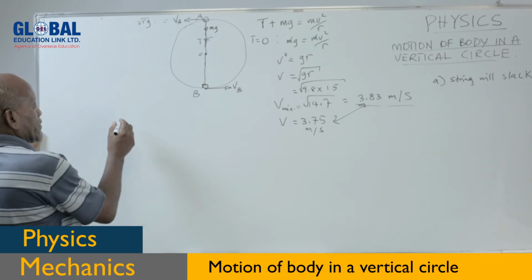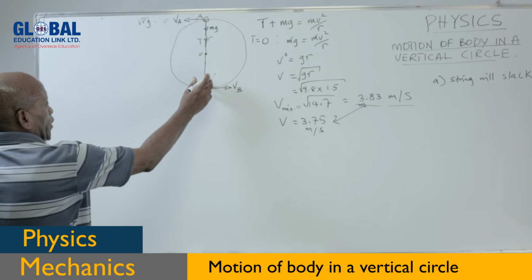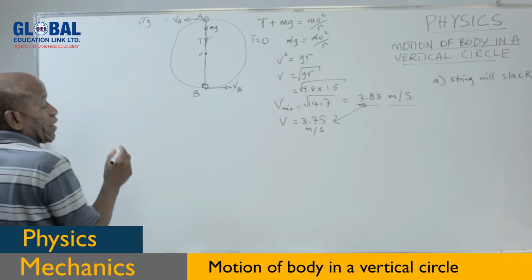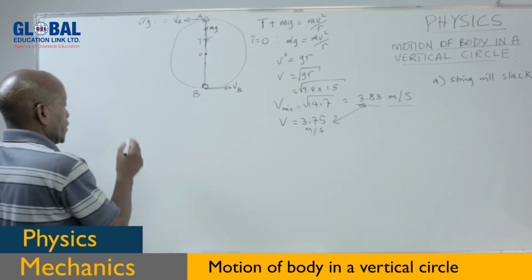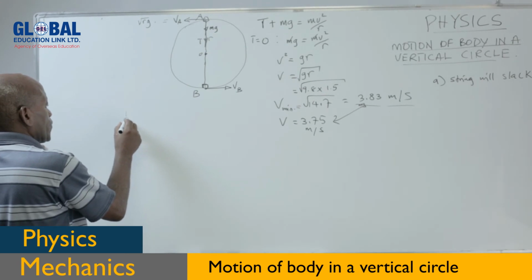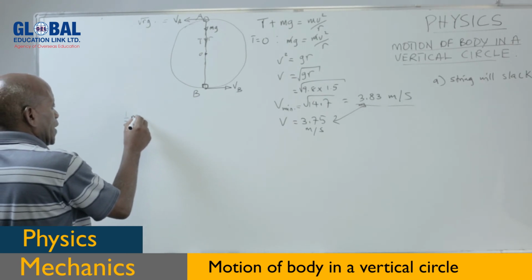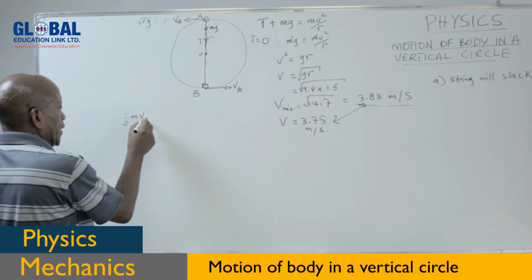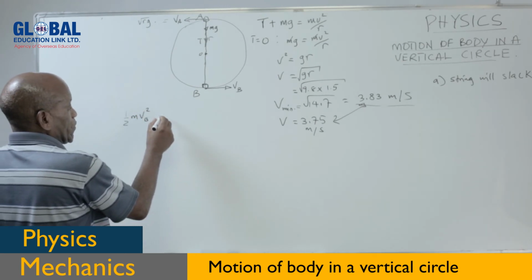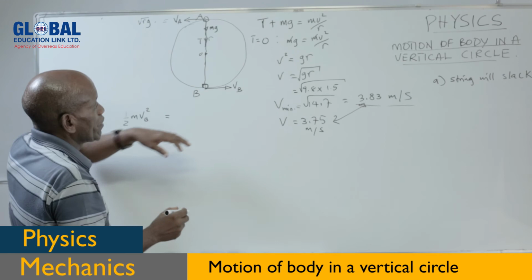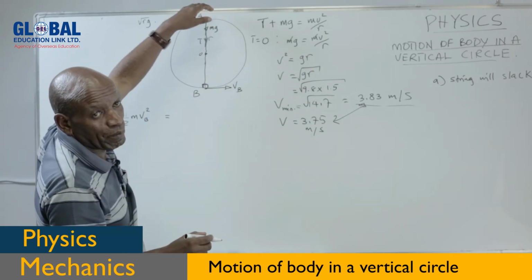So it goes like this. The total energy possessed at the bottom there is purely kinetic, which is just equal to a half times mass times velocity at b squared. So this will just be equal to the total energy possessed at the top.